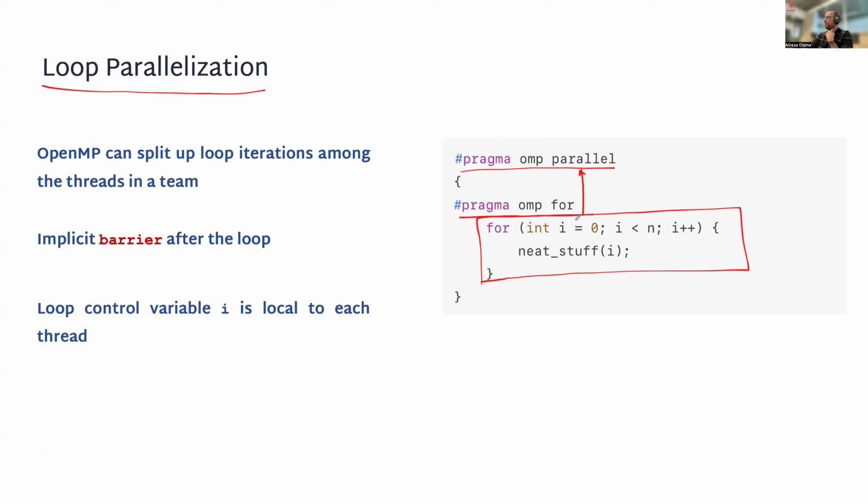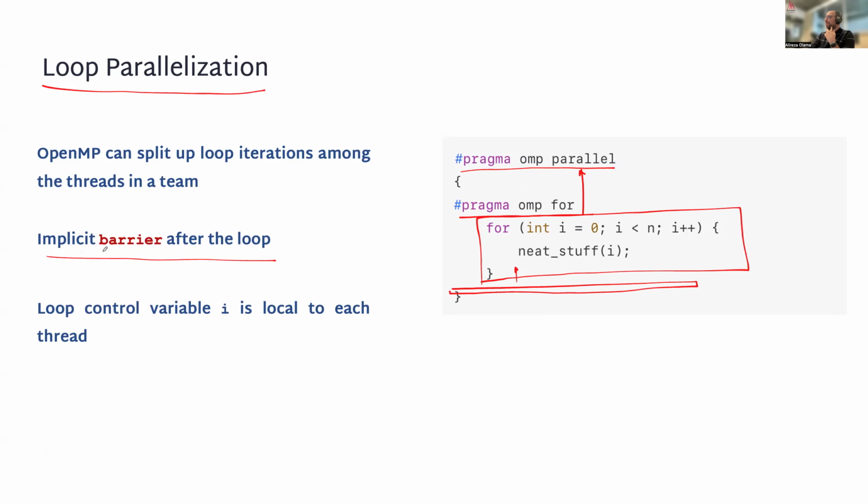In this case, OpenMP splits up the for loop automatically based on the number of threads that you have available on your system. And after the for loop is done, at this point, you have an implicit barrier to make sure that all threads did the computation in the for loop before executing the other parts of your program.